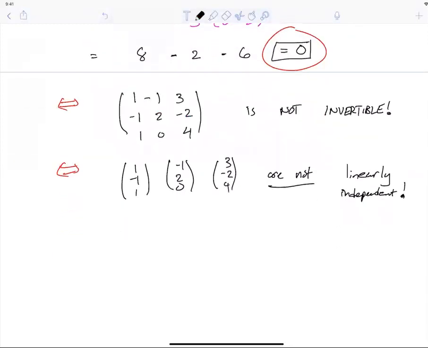All right, just as a word of warning, there are a couple warnings to have about this. So warning number one is that the determinant does not tell you how the vectors are dependent.